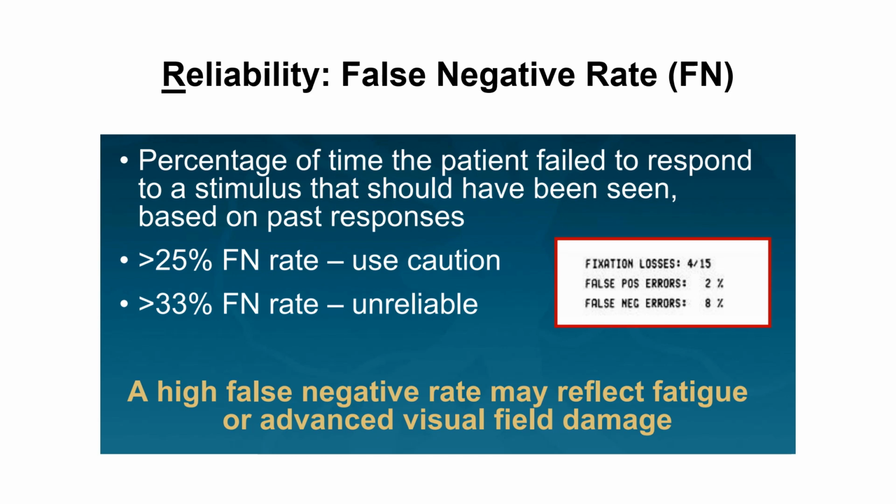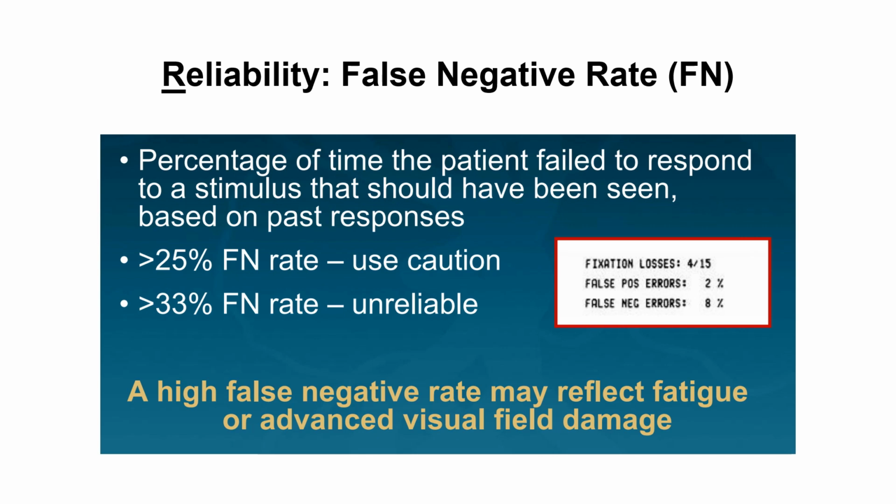And if you see more than 33%, it's unreliable, and you should use it with caution at more than 25% false negative rate. However, some testing algorithms are no longer using the false negative rate index. Why? Because in advanced visual field damage, the false negative rate will be high because of the variability in receiving the stimulus in these advanced visual field damage locations.